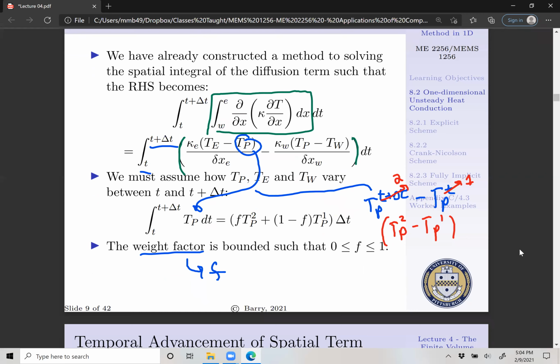And if we're going to integrate it with respect to t, we'd be left with dt. This would convert to a t, evaluated between the bounds of t and t plus delta t. And doing that, we'd have Tp at our second time step minus Tp at our first time step. This is evaluated at t plus delta t minus that of t.